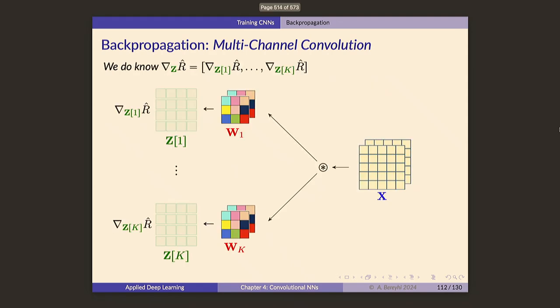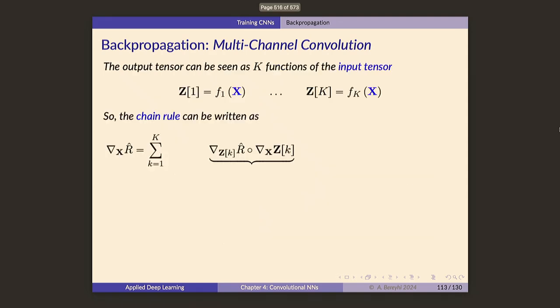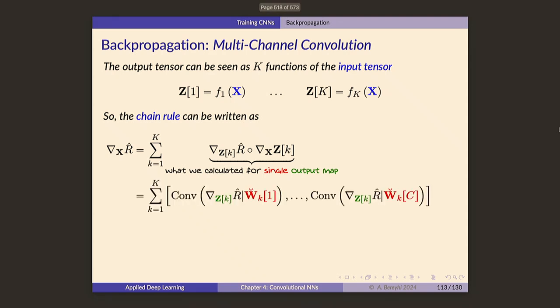Because you are looking into one map. When I write down the chain rule, I am simply writing it over this particular branch. And if I want to get from that map into the input, I do know how to do it. It's just a convolution. Great. So this is what we computed for a single output map. So this term is simply this one.